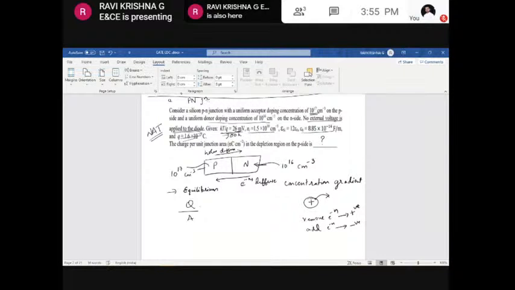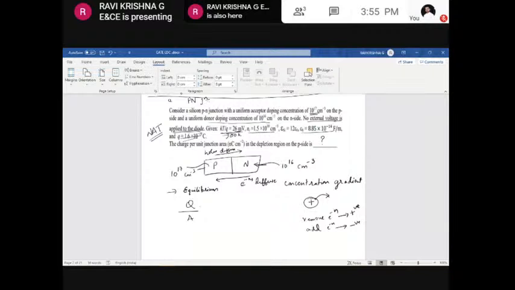At 300 Kelvin, the electron in the donor energy level is excited to the conduction band, and that conduction electron is responsible for the diffusion process here.